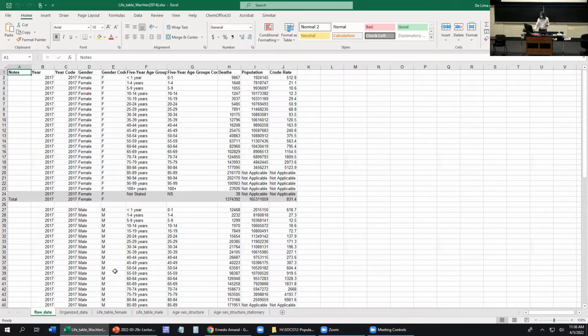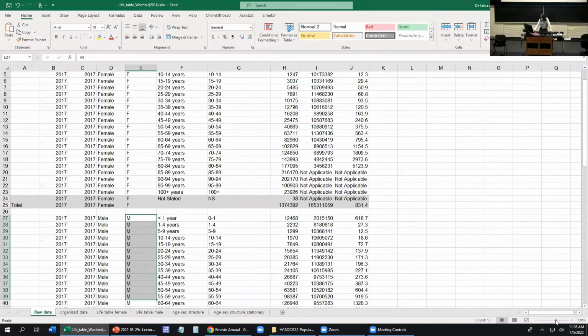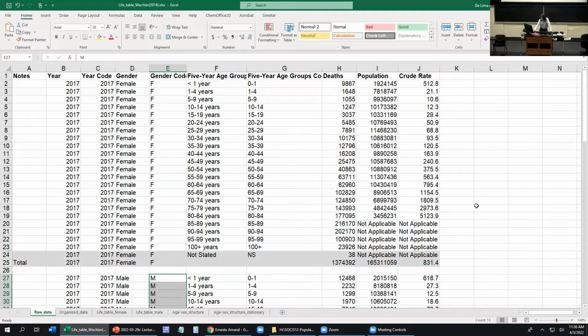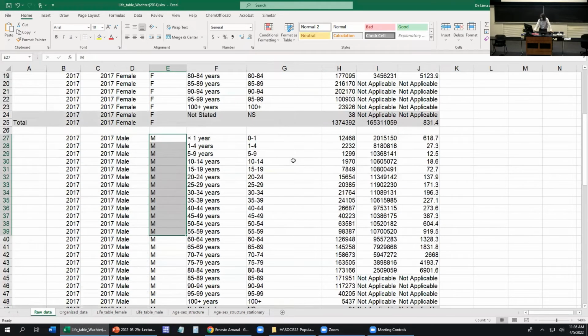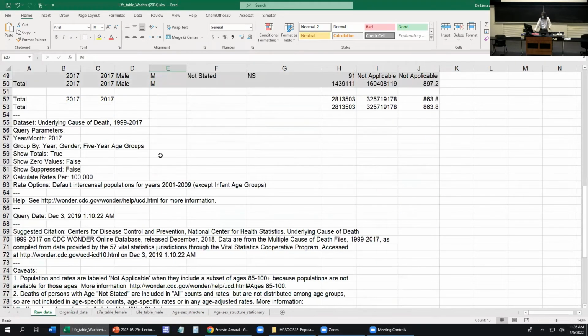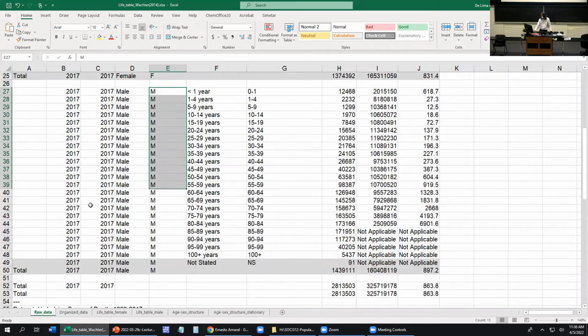And the raw data that I got gives us the number of people dying in each one of these specific age groups for women, and the same thing for men, right? So we just have this raw data, and it was exactly from the CDC that I got all this information.